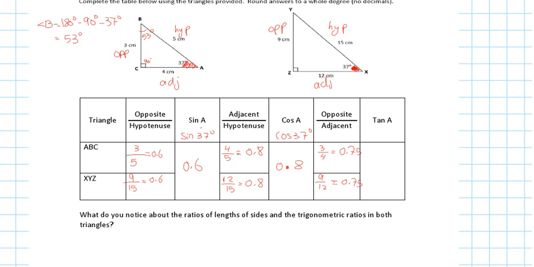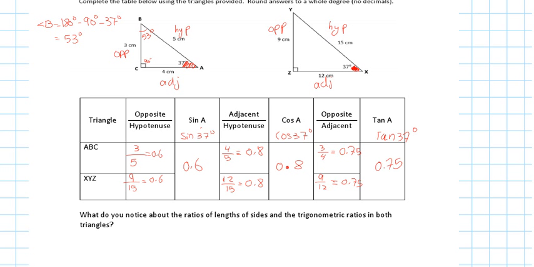Okay? Now on the calculator, you're going to do tan 37. So, what have you noticed? They are similar.